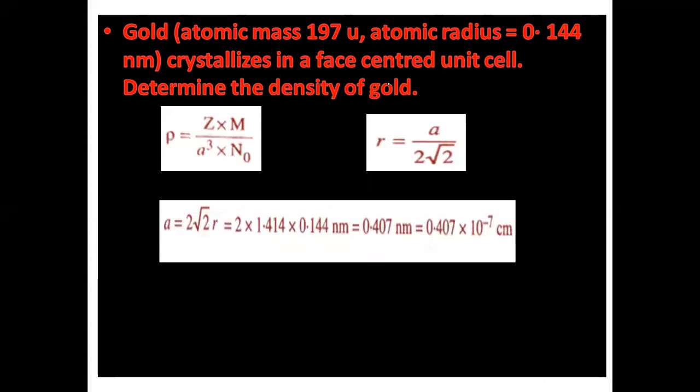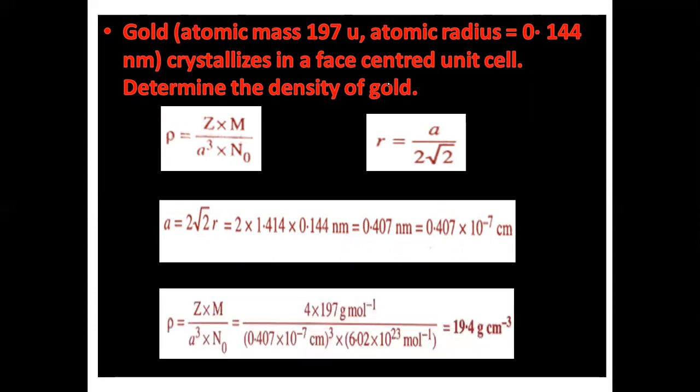Now A is equal to 2 root 2 R, 2 into 1.414 into 0.144 nanometer. Now answer in centimeter is 0.407 into 10 raised to power minus 7 centimeter. From this we can calculate density.